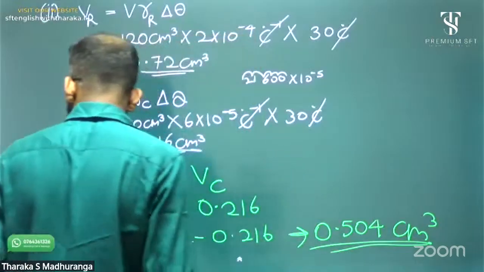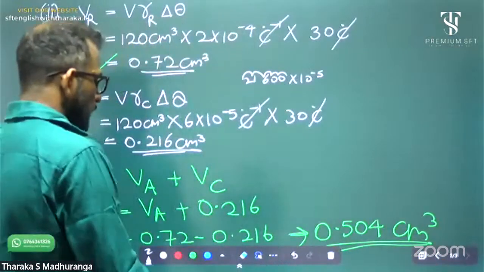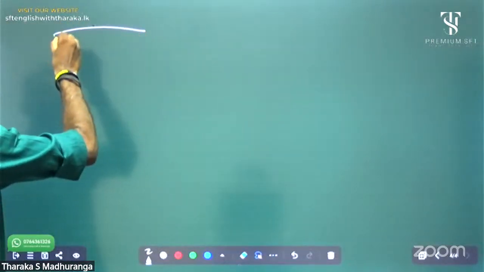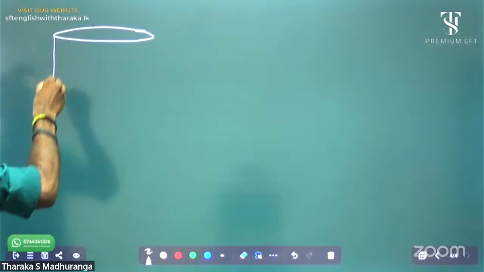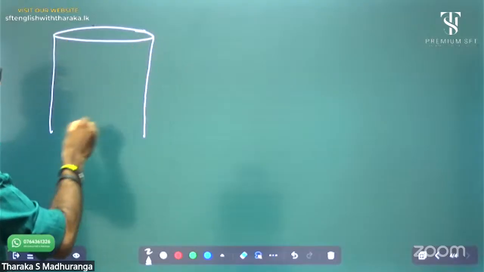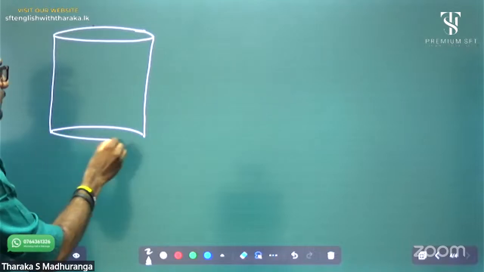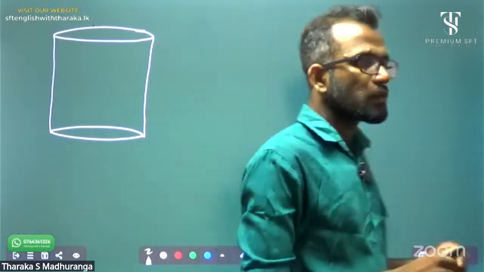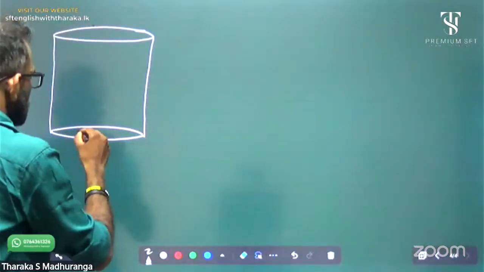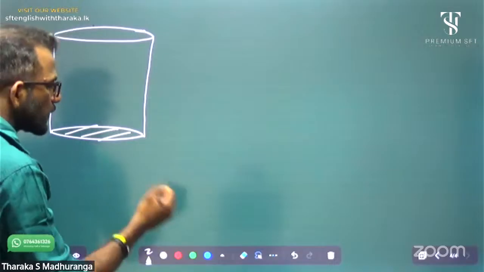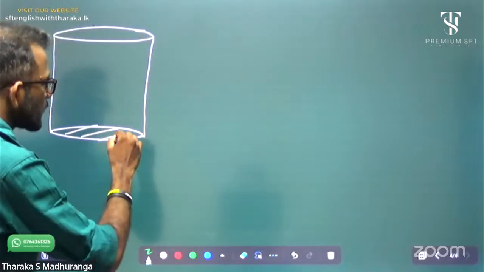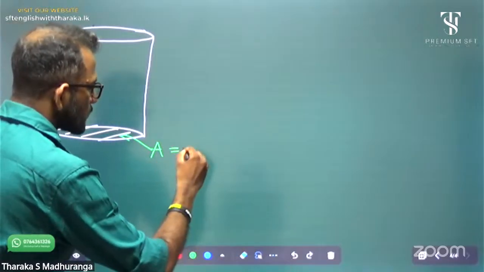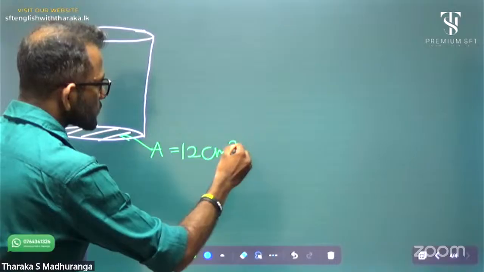Third part. Now it's a cylindrical vessel. The base cross section area is given, 12 square centimeter.